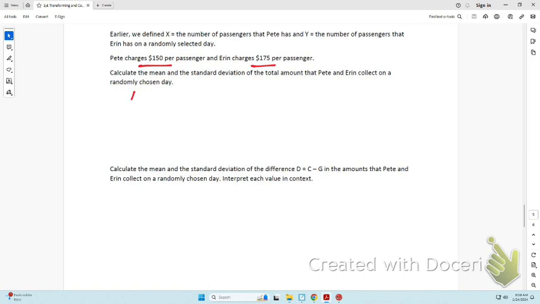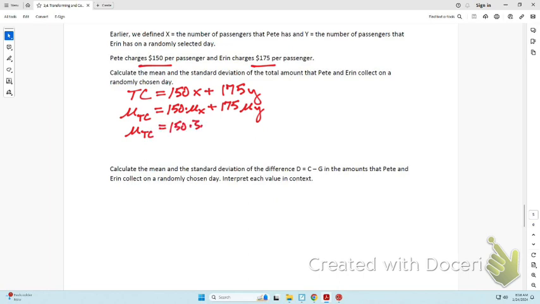So I'm going to write TC this time, is 150 times X plus 175 times Y. And we follow the same pattern, we just plug in the means and we have the total collected mean. Showing every step, that way there is no question. And the mean total collected amount is 1105.